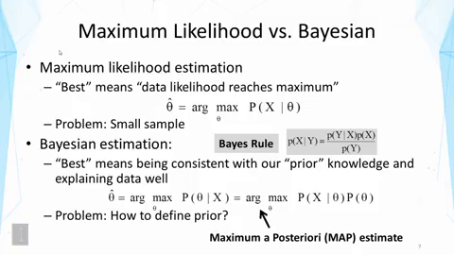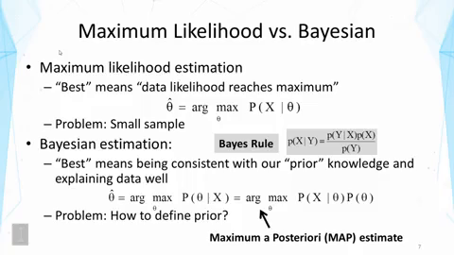So formally it's given by this expression here, where we define the estimate as argmax of the probability of x given theta. And so argmax here just means it's actually a function that would return the argument that gives the function maximum value as the value.